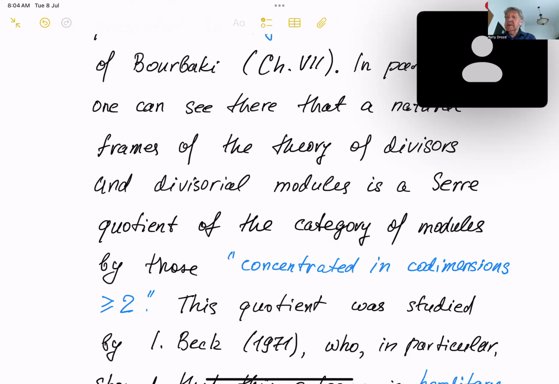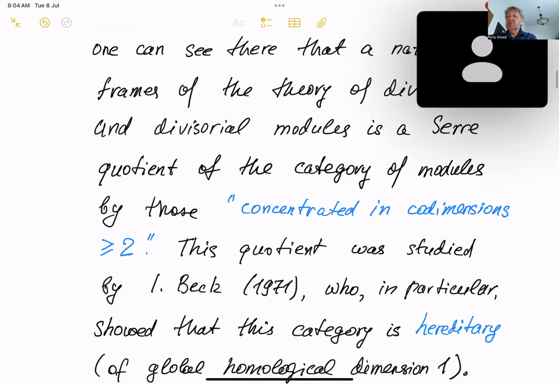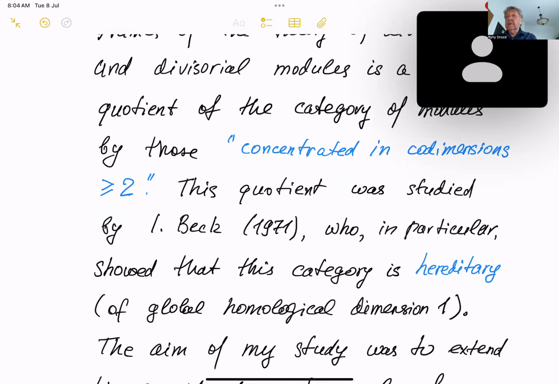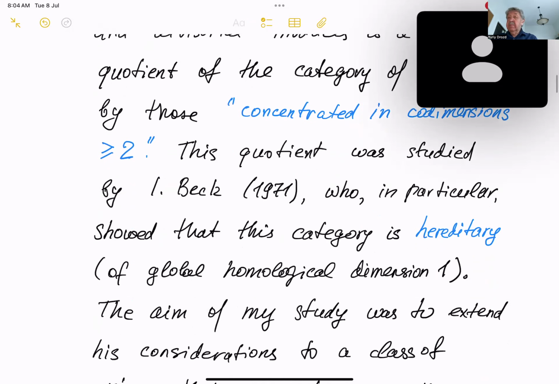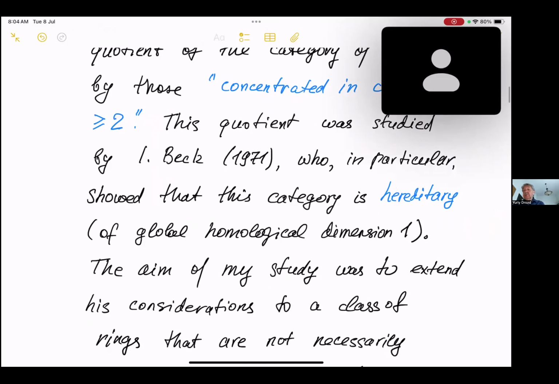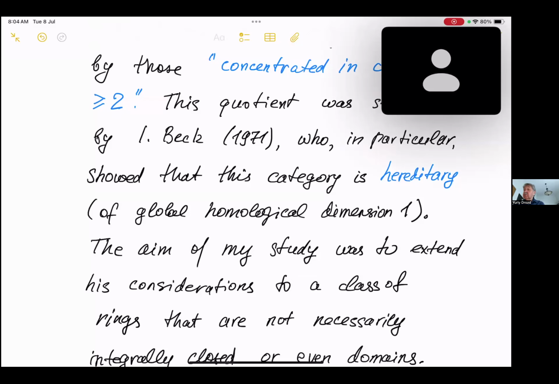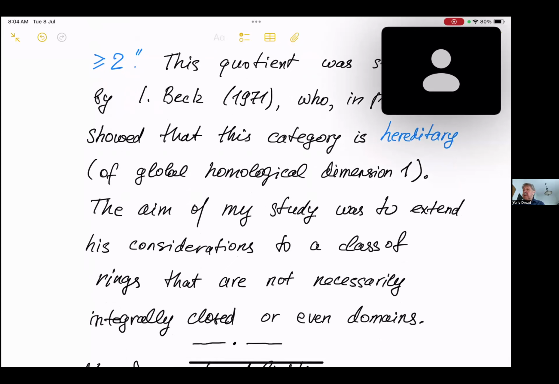This quotient was studied by Istvan Beck in 1971, who in particular showed that this category for Krull rings, or for integrally closed domains, is of global homological dimension 1, just as the category of torsion-free modules over algebraic numbers. The aim of my study was to extend his consideration to a class of rings that are not necessarily integrally closed or even domains.